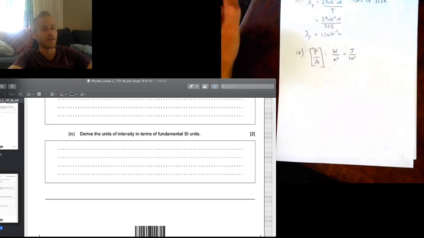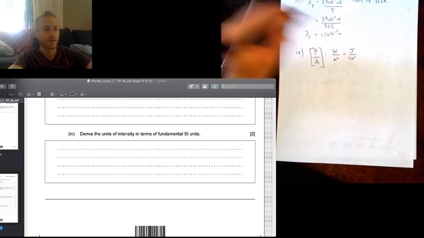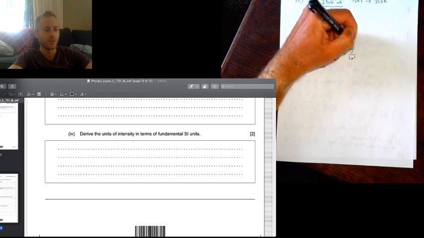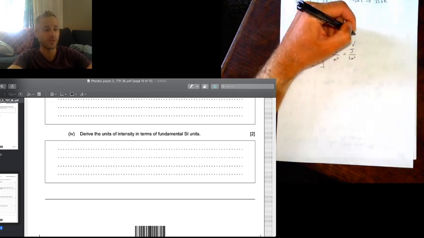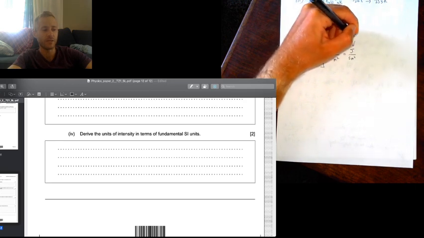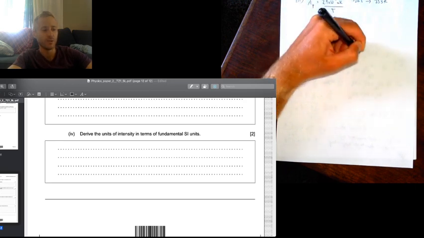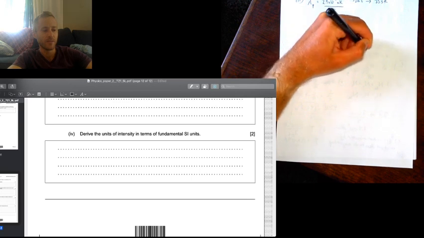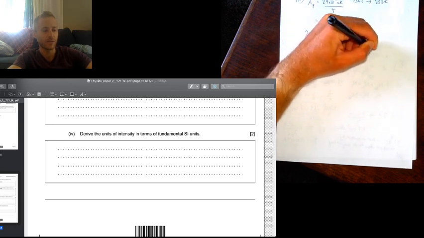Remember, a joule is force times displacement. Or I can think of joule as energy, so I have 1/2 mv squared. So a joule is a kilogram meter per second, that quantity squared.